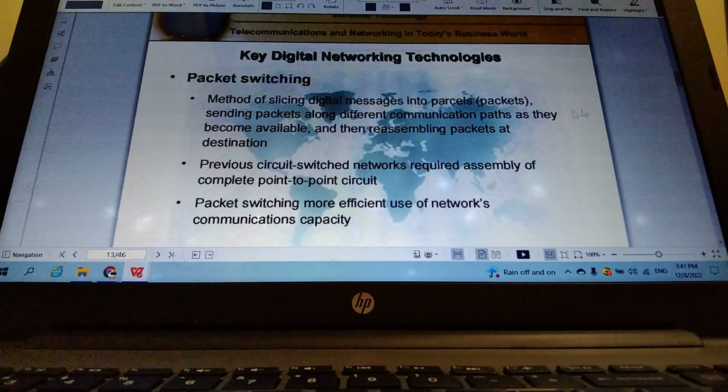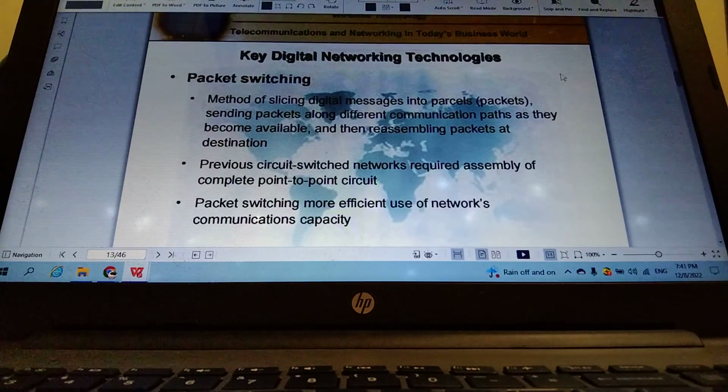The next term that I'm going to cover here is known as packet switching. It's more about how digital networking technology is being used within the network. So one of the digital networking technologies that is used within the network setup is known as packet switching.